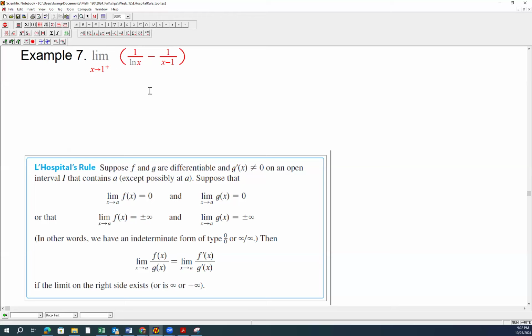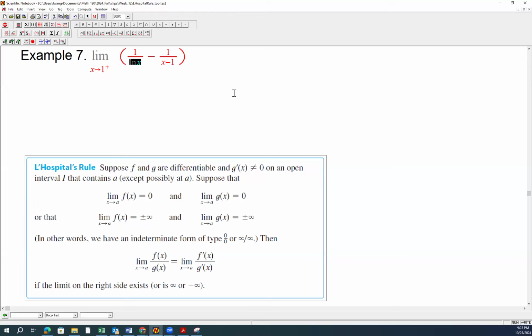When x approaching 1, ln x is approaching 0. So 1 over 0 is approaching infinity. X approaching 1, 1 over x minus 1 is also approaching infinity.